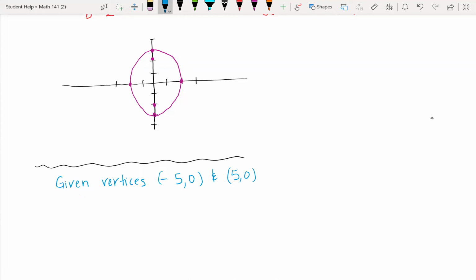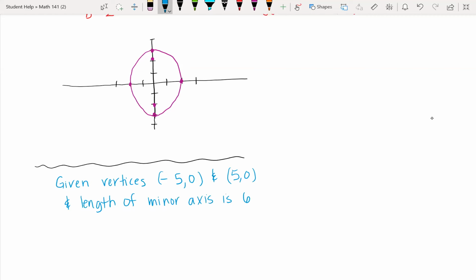And those are on the major axis. And that the length of the minor axis is 6.